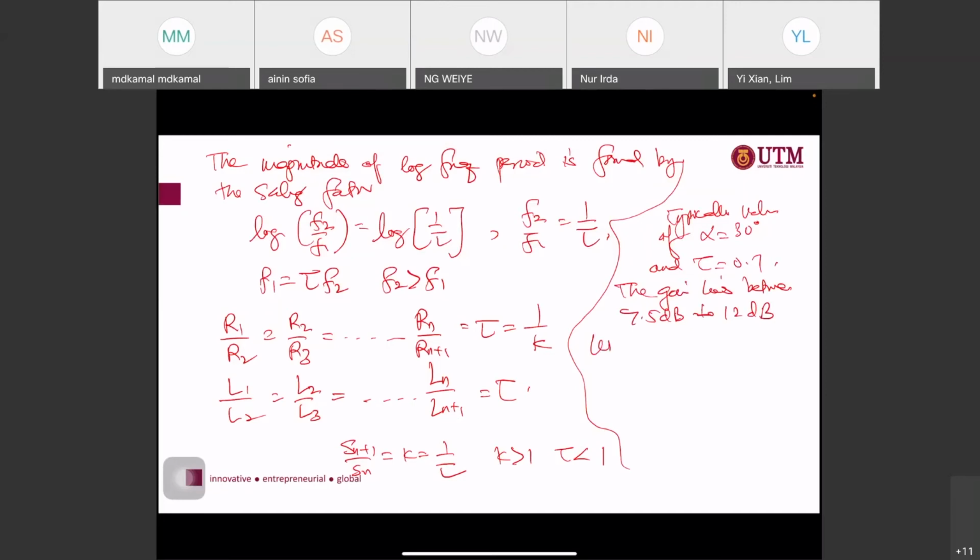Usually the values of tau lie between 0 to 1, and the input impedance lies between 50 to 200 ohms. Okay, so this is a standard, what we can say here.